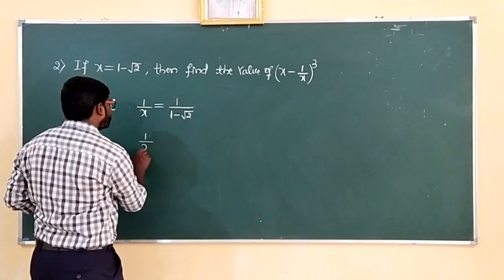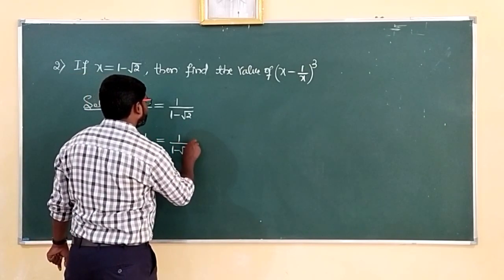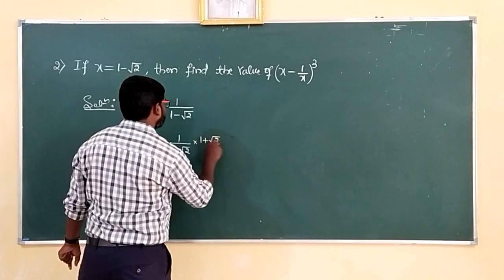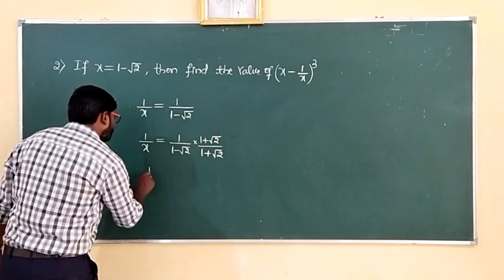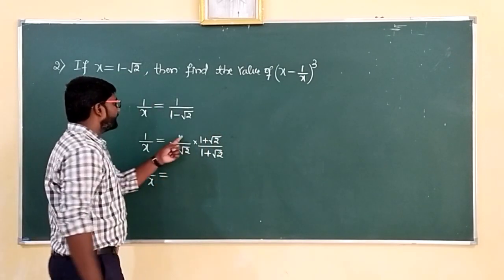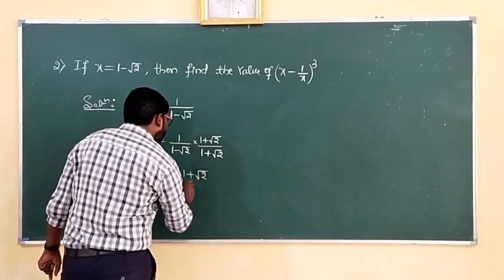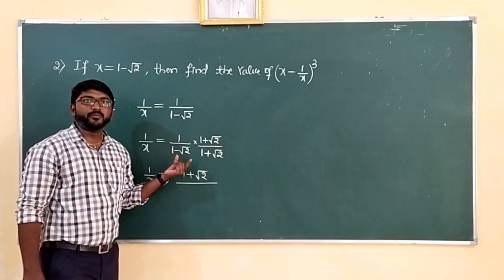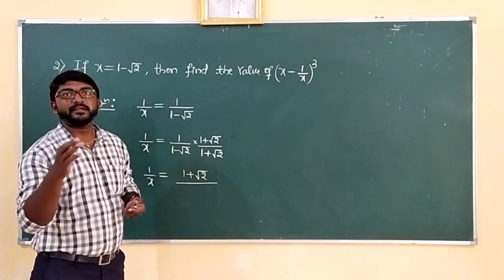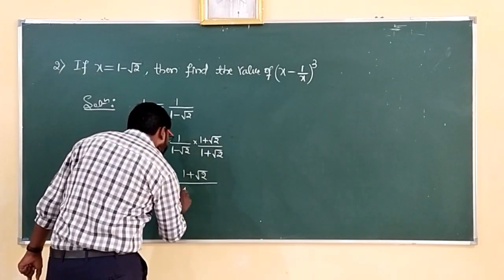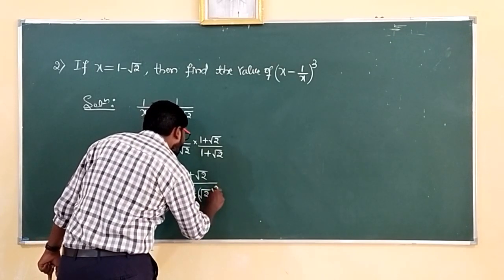So 1 by x equals 1 divided by 1 minus root 2, into 1 plus root 2 divided by 1 plus root 2. Now 1 by x equals 1 into 1 plus root 2, which is 1 plus root 2, divided by, this is in the form of a minus b into a plus b. That will give us a square minus b square. So a square, that is 1 square, minus b square, that is root 2 the whole square.